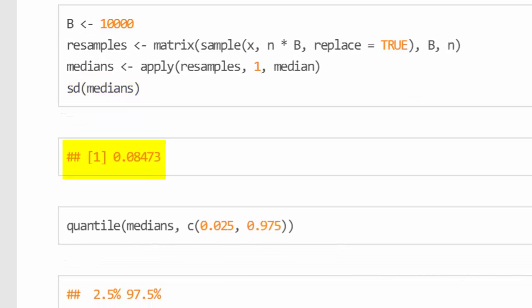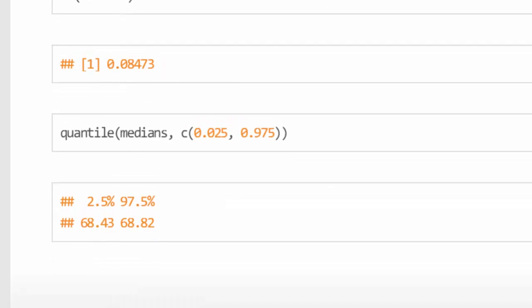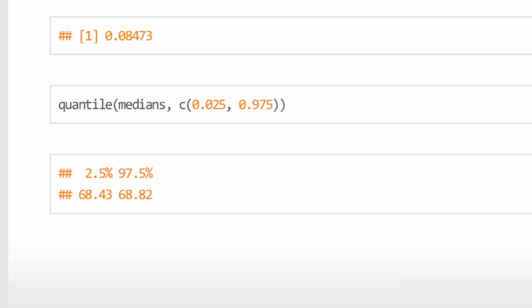This is an estimated standard error of the median. If we want a confidence interval for the median, I'm going to take my vector of resampled medians and simply take the quantiles, and I want a 95% interval, so I'm going to take the 2.5th and 97.5th quantiles. It gives a fairly tight confidence interval in this case because there's lots and lots of observed data.